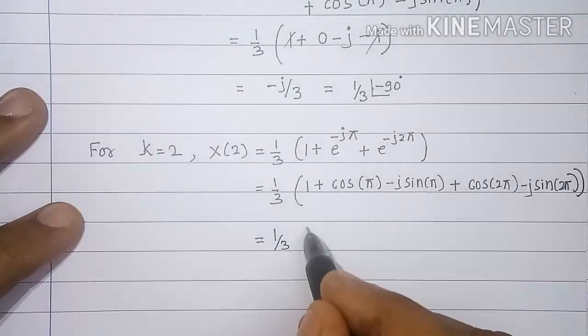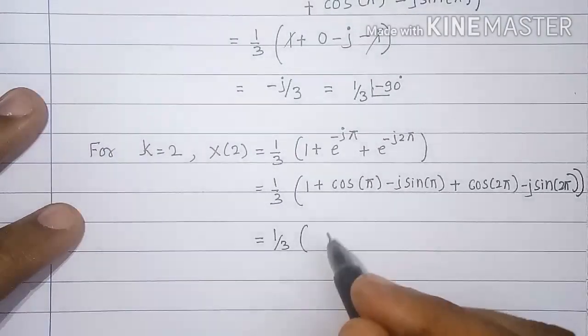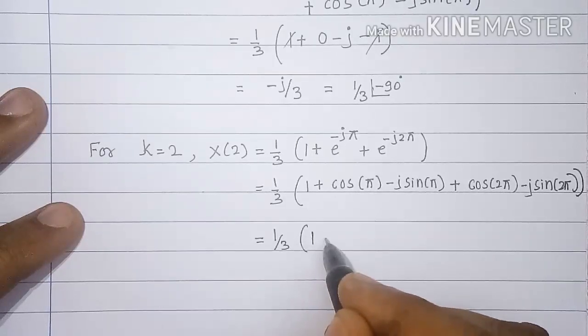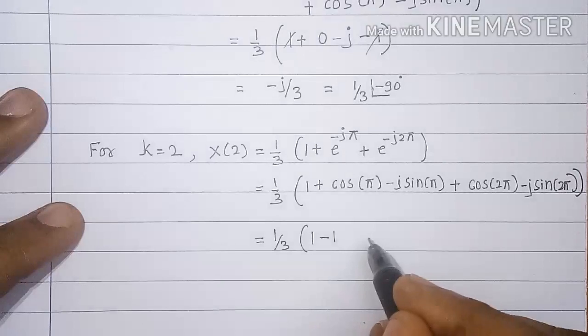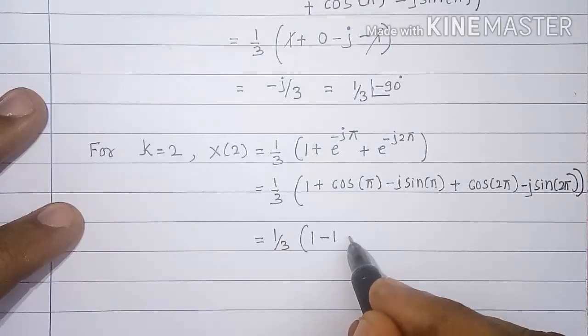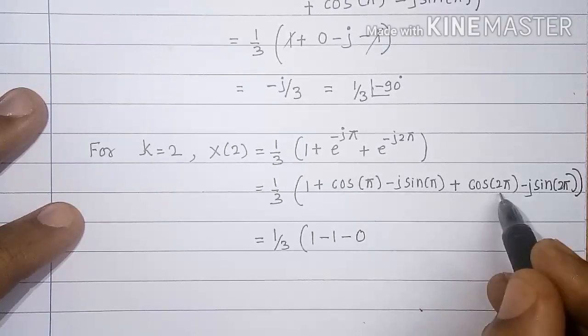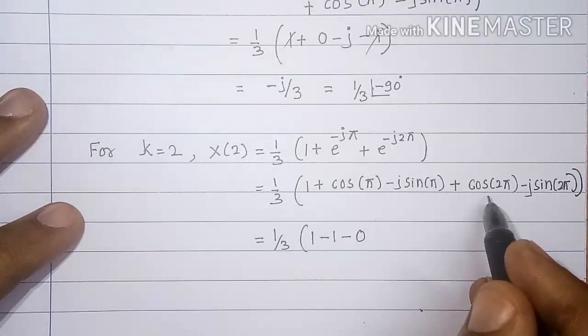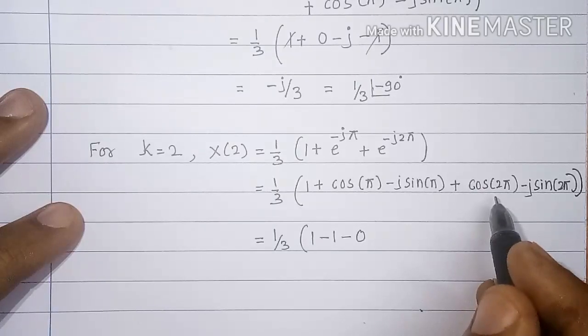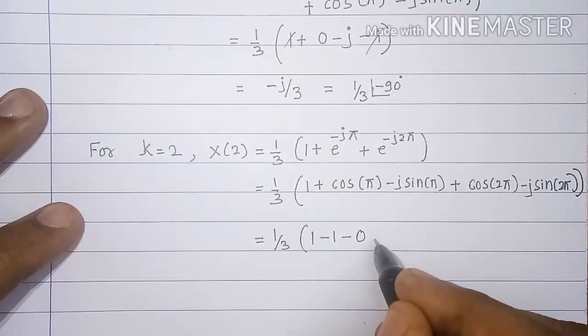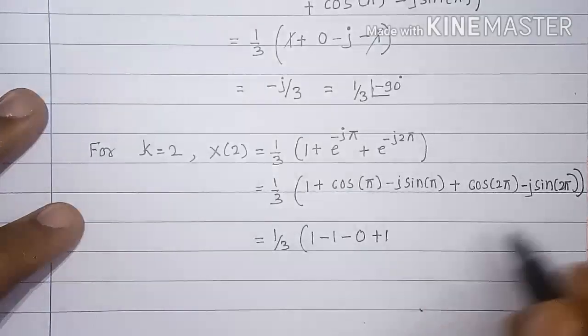That is equal to 1 by 3 into the bracket 1, cos pi is minus 1, sin pi is 0, cos 2 pi, that means cos 360. 360 degree and 0 degree are equal. Cos 0 is 1, so plus 1.